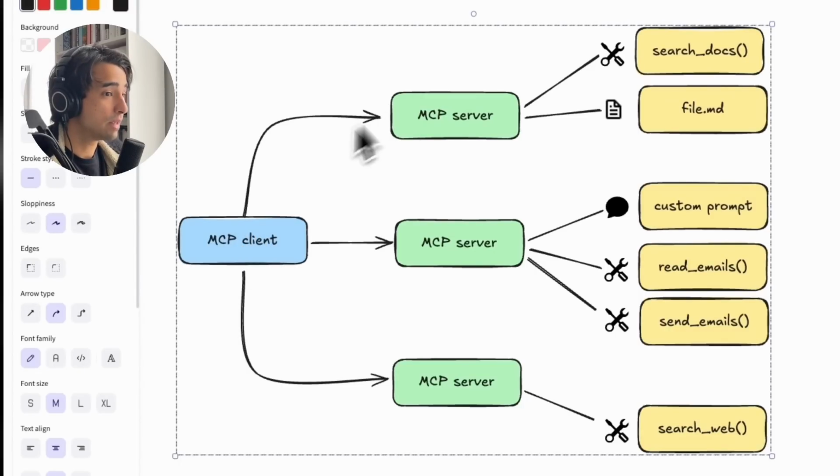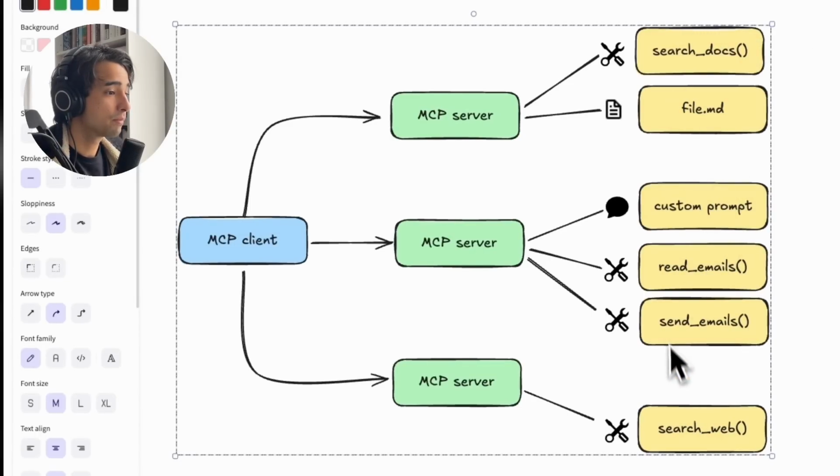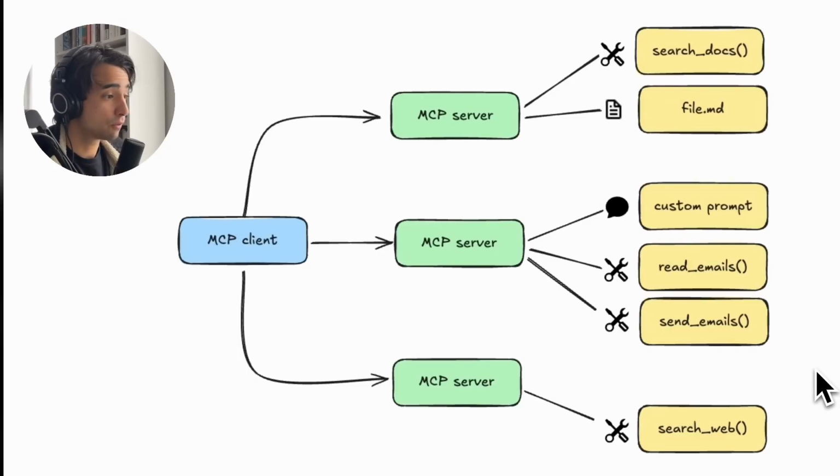And now it is going to be able to connect to all the MCP servers, which are essentially these toolboxes for specialized tools and specialized features that you can add. To be clear, your servers can give your assistant access to tools like we saw before, but they can also give it access to custom prompts and to resources themselves, like, for example, markdown files, etc., that can be useful for documentation, okay?